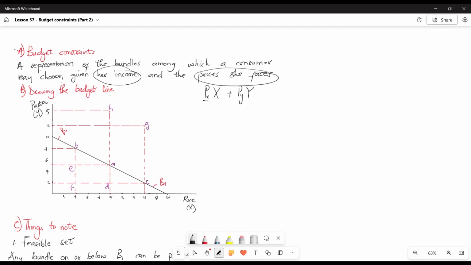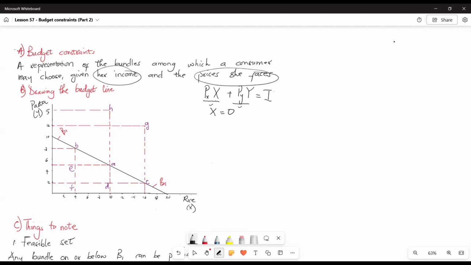So this bit is the total expenditure on good X and this bit is the total expenditure on good Y. If we assume that the consumer does not borrow or save, then the total expenditure on good X plus the total expenditure on good Y should be equal to the income that the consumer gets. This is also assuming that good X and good Y are the only two goods that the consumer buys in the market.